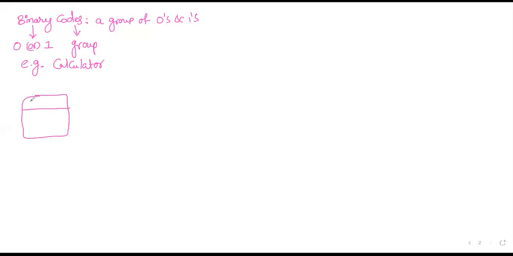In this calculator, we have 1, 2, 3, 4, 5, 6, 7, 8, 9, 0, and plus, minus, division, multiplication. Here we give the inputs in decimal digits. So these are decimal digits.